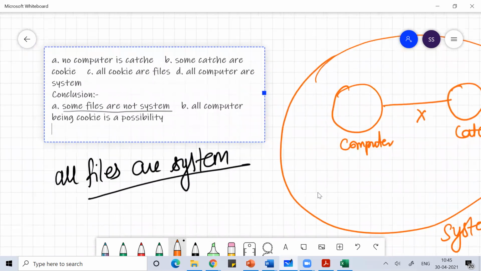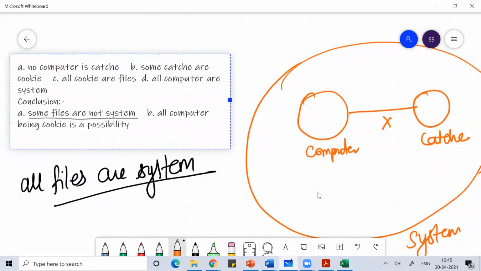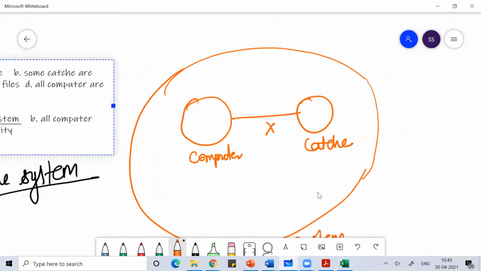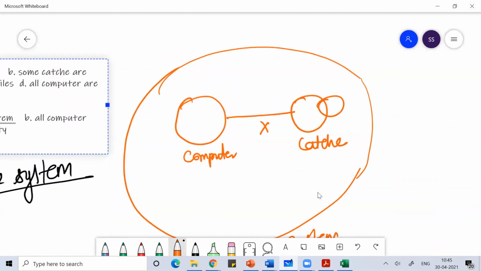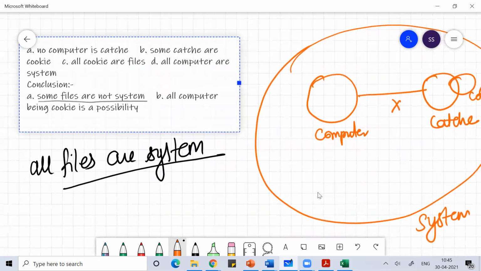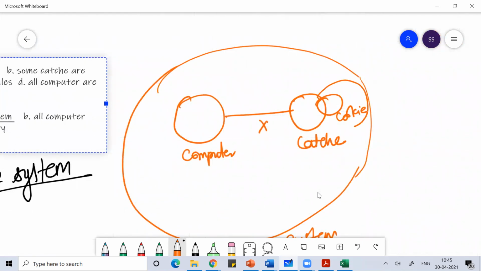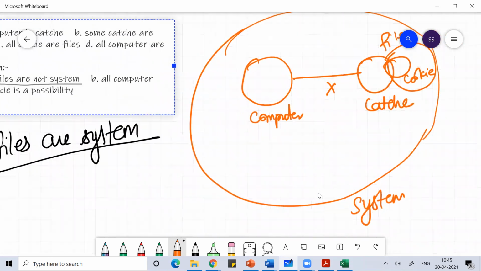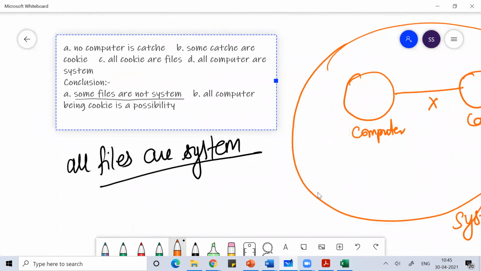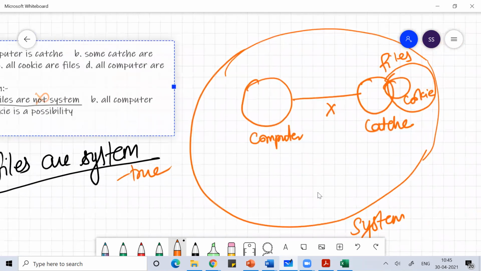Some catchy are cookies, all cookies are files, so you're getting all files as system. So that is true. No problem, you're not violating the data. So all computers being cookies is a possibility.